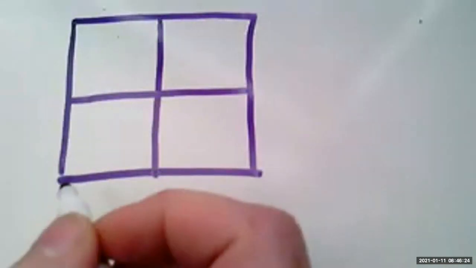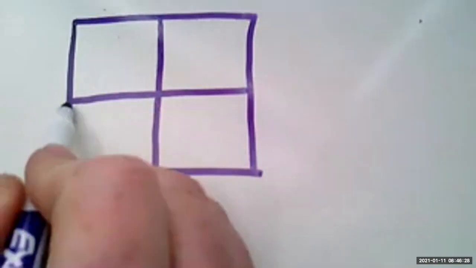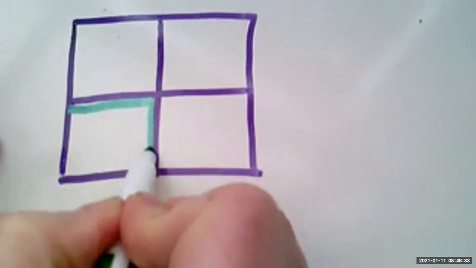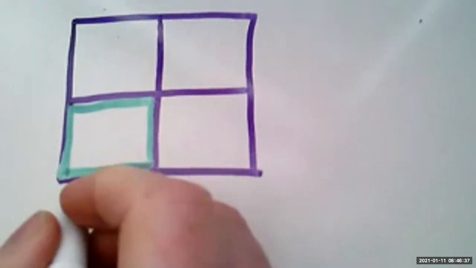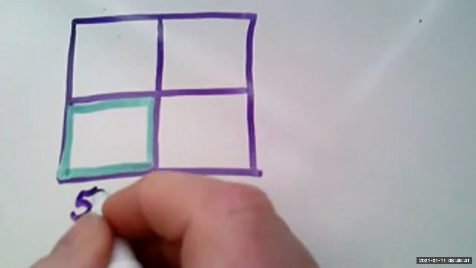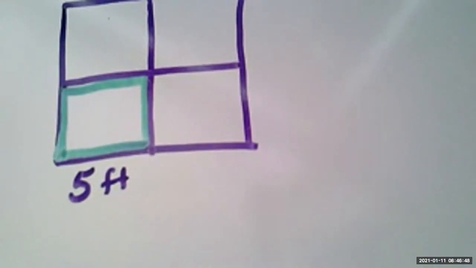And only one of the squares, this square right here, if you were standing inside this square, has a side that equals 5 feet. We'll say 5 feet.